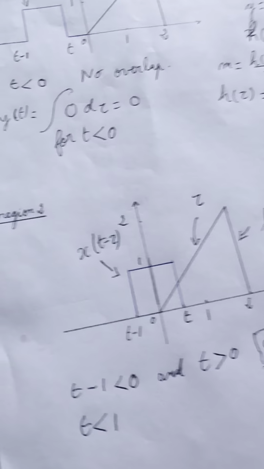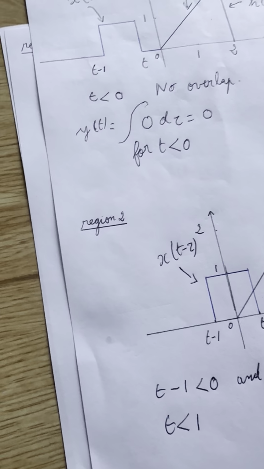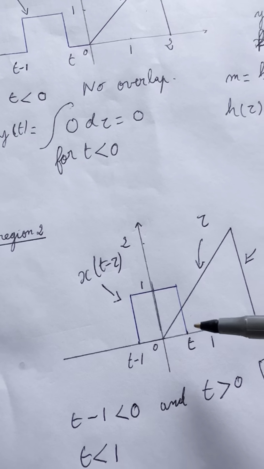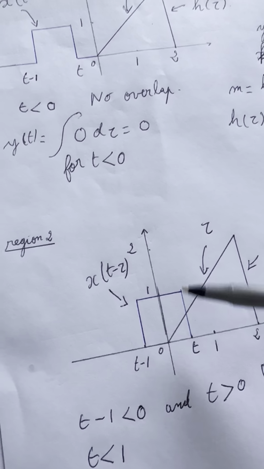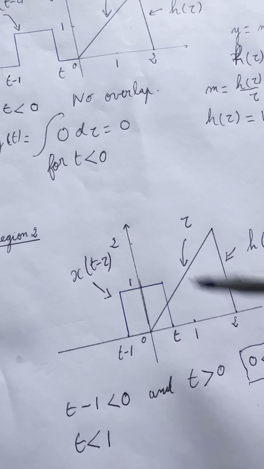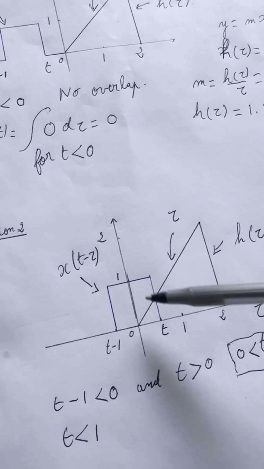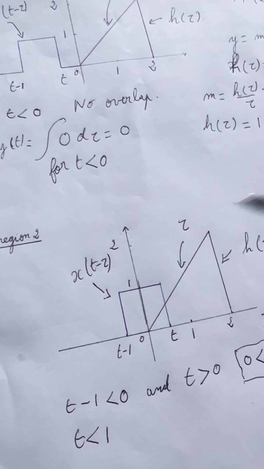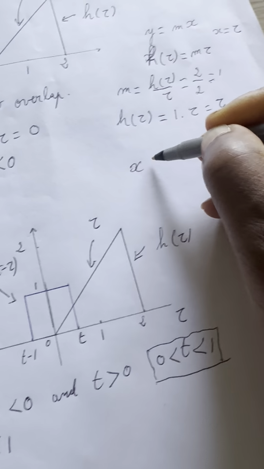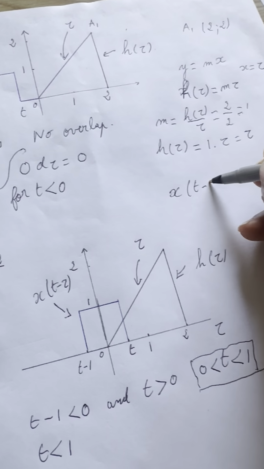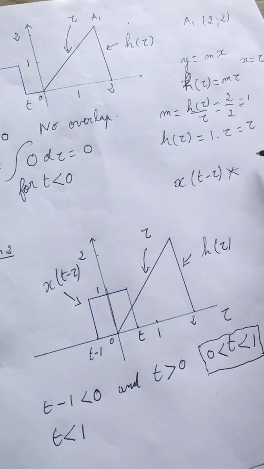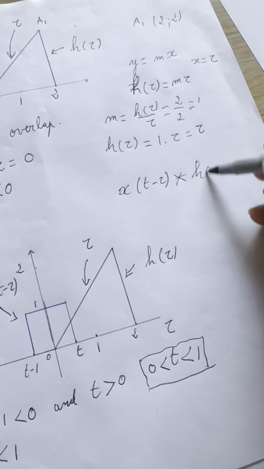So we need now to multiply both signals. So we write x(t minus tau) multiplied by h(tau).